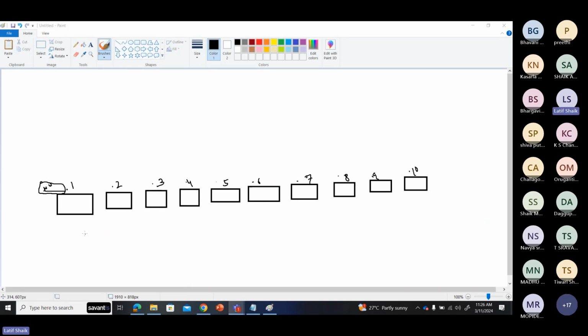Guys, understand this particular example. I have 10 computers, each with an IP address with the same network version, but different host versions. Up to here, do you understand this one?